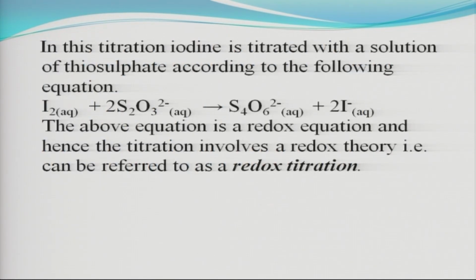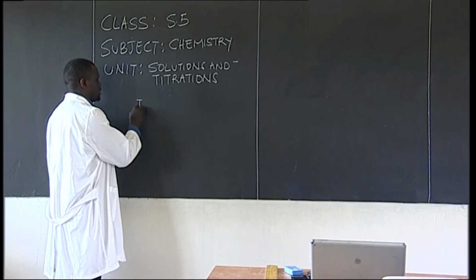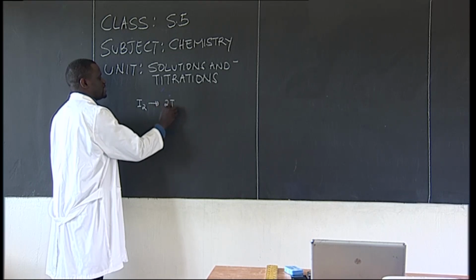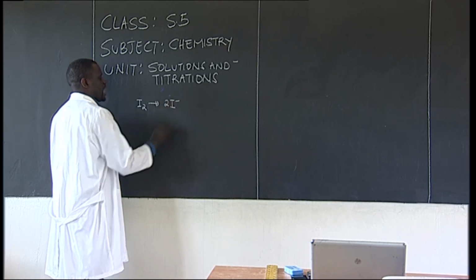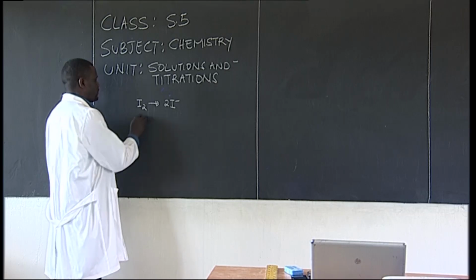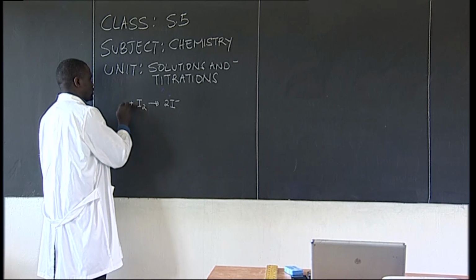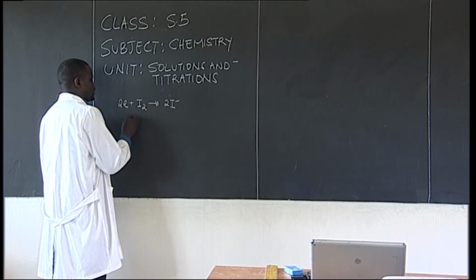Everywhere you're going to see that we have iodine being changed to iodide ions, and then we have thiosulfate. How can we balance our equation? I think we put 2 here, and we can call this one reduction.